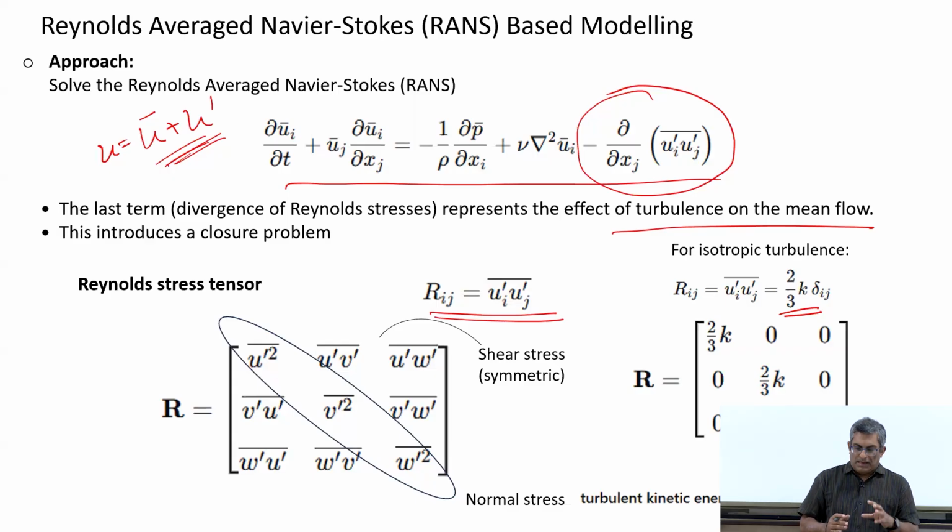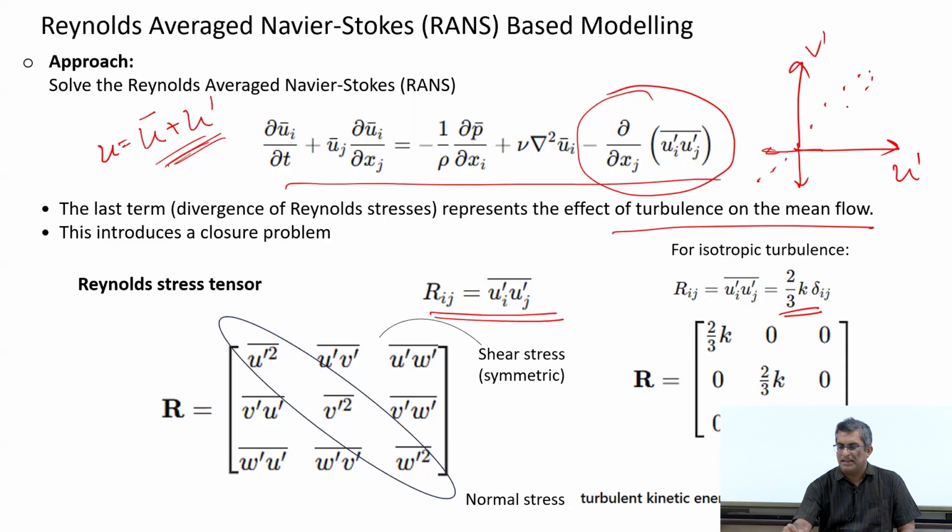As I mentioned earlier, if we have some finite correlation, what does that mean? Let us say you have positive correlation. This means that if the U component increases, then the V component also increases, and vice versa.